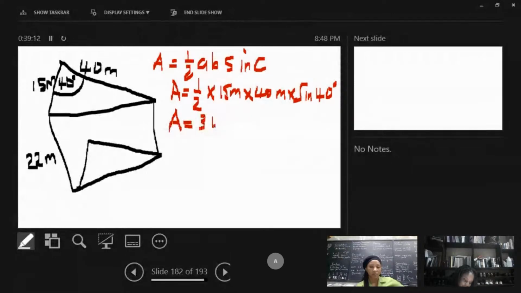Alright, so 300 meters squared. And what's the sine of 40 degrees? Okay, 300 times the sine of 40 degrees. The sine of 40 degrees is 0.6427.